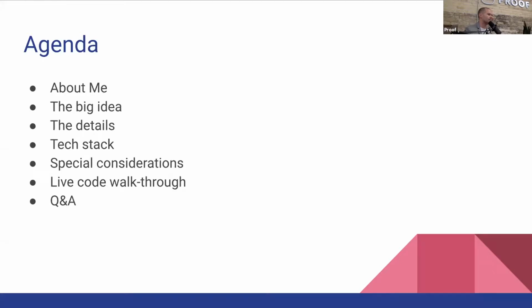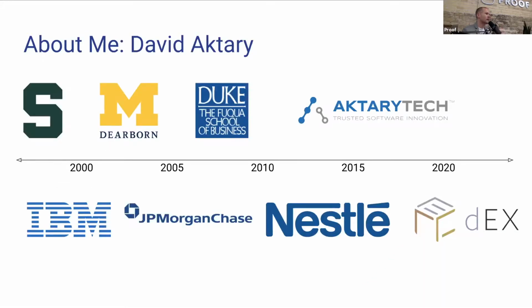So let's dive right in. Briefly, my background: I went to a couple schools. My background is in computer science undergrad and an MBA in finance. I worked for a bunch of companies, and ultimately that led me to the logos on the far right, Aktary Tech, which is my consulting shop. We are a node-focused consulting shop that I founded in LA and expanded out here.